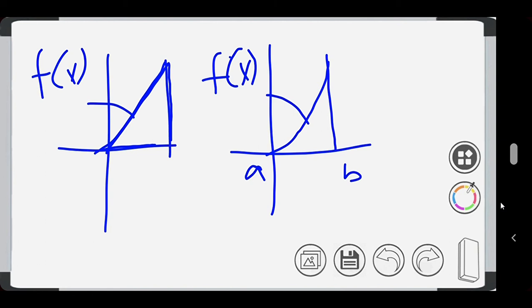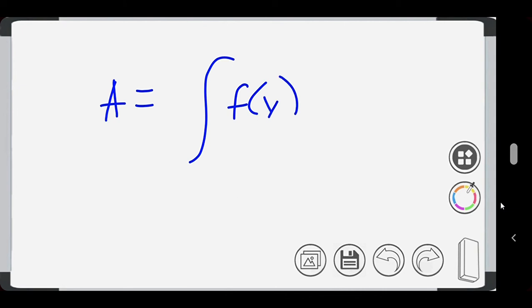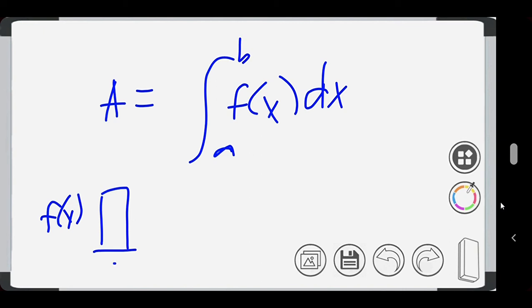Our general formula for the areas of regions bounded by curves is now the integral of f of x dx evaluated from a to b. Now if you forgot this formula, just remember any rectangle with a height of f of x and a base of dx.